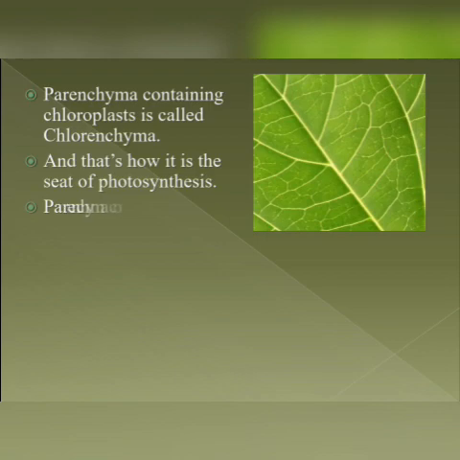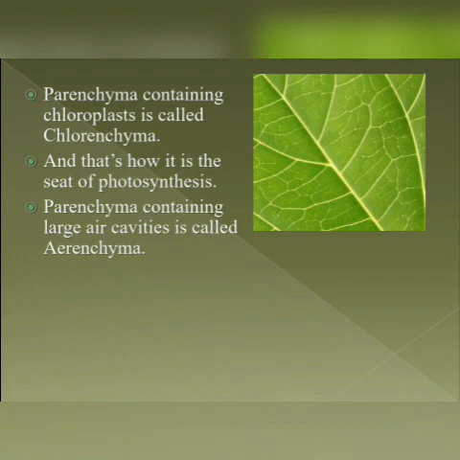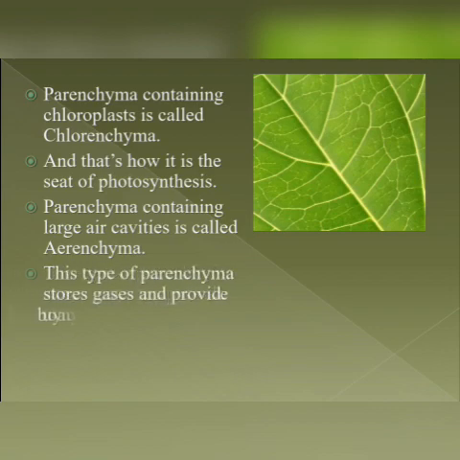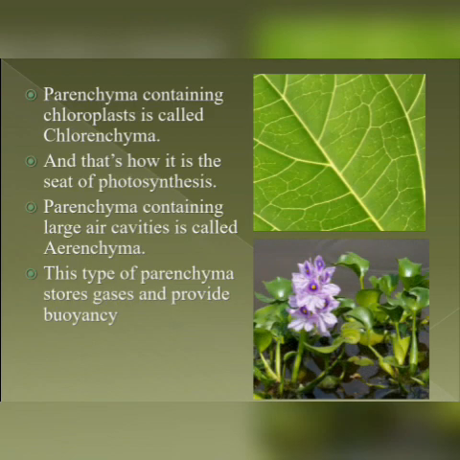Next, parenchyma contains large air cavities, and those types of parenchyma are known as aerenchyma. These types of parenchyma store gaseous components and provide buoyancy. That means this property helps aquatic plants to float on water.